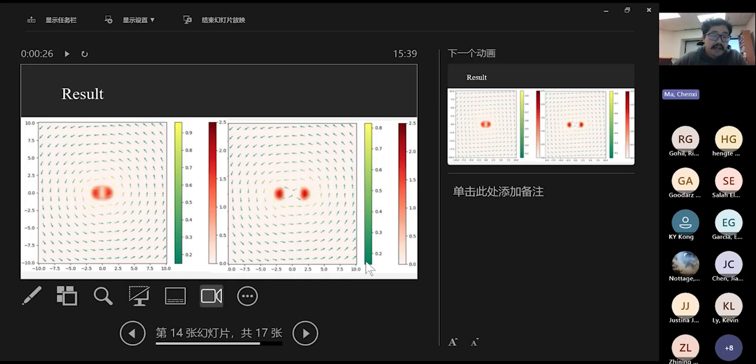The background color stands for the Liutex magnitude. The arrows stand for the velocity direction, and the color of the arrows stands for the magnitude of the velocity. Now let's look at the first case.